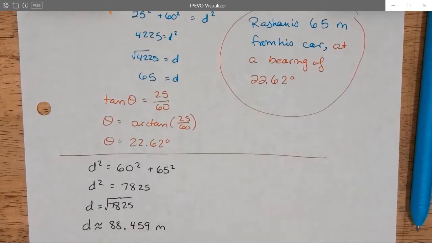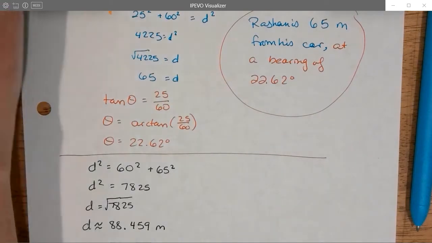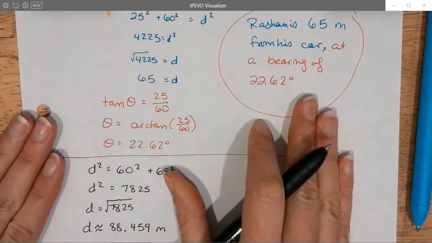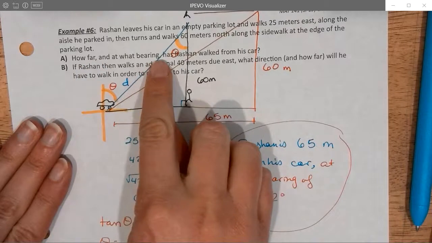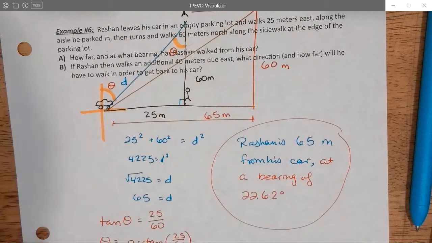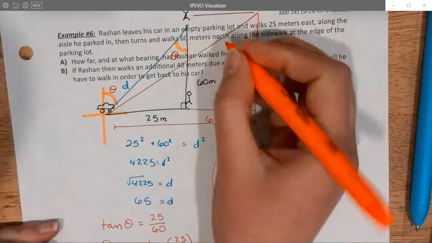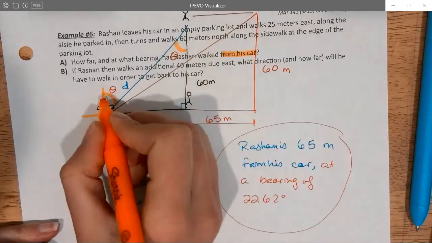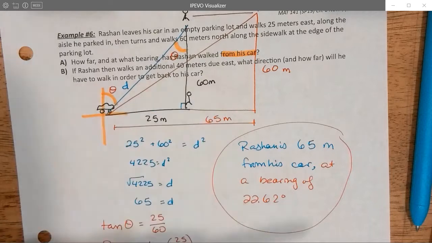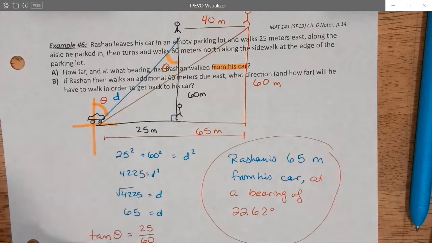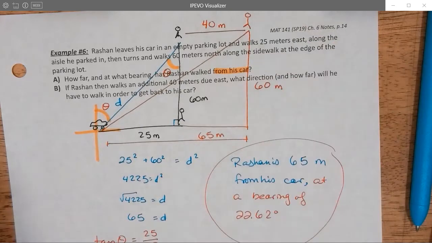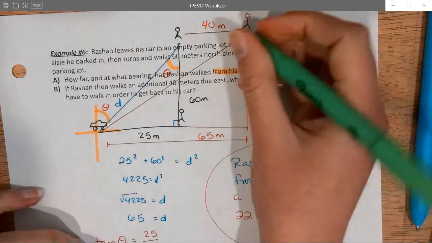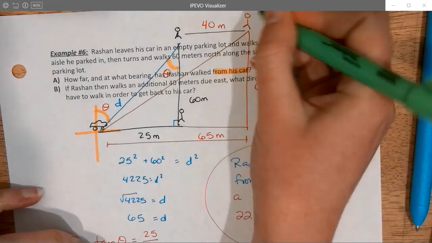And in which direction will he have to walk? This is where I think we're going to change up something from the last one. Last time we asked what bearing has he walked from his car. Since he was walking from his car, his bearing was considered to be this angle. Now he is at a different position. He is over here. If we want to talk about what angle he has to walk, we're going to talk about the bearing that he would need to walk.